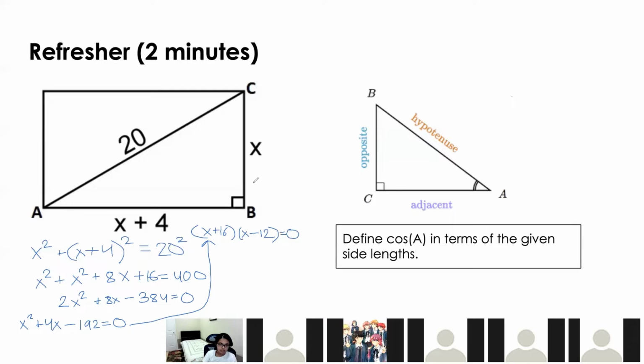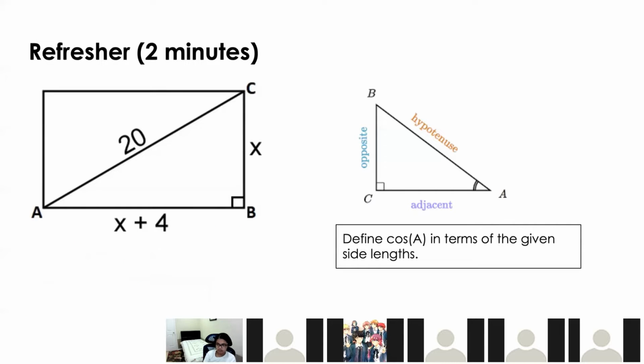So then this is a triangle. Obviously, the side can't be negative, so our only solution is 12. Did that make sense? Anyone have any questions? It's just a basic application of the Pythagorean theorem.